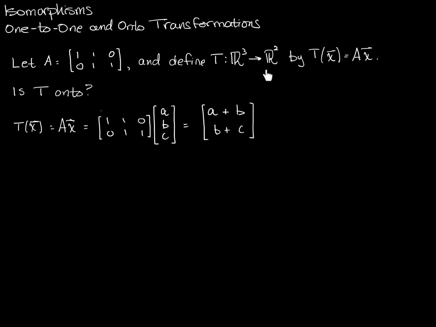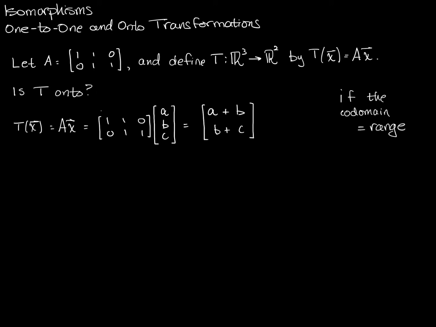Now let's remember that this notation tells us that the transformation takes things in R3 and puts them in R2. And R3 is the domain, and R2 is the codomain. So if everything in the codomain gets used up, then the transformation will be onto. But another way to say that is that if everything in the codomain gets used up, then the codomain equals the range, right?